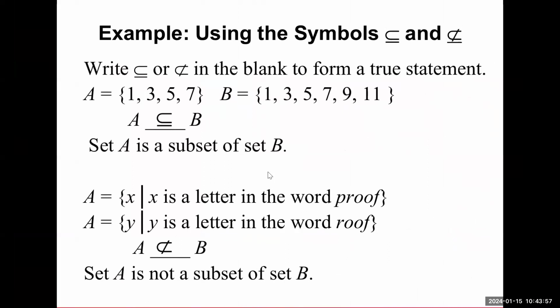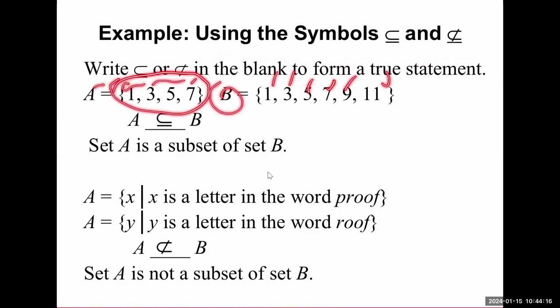So we have an example. Determine whether it is a subset or not a subset and write the true statement. A is 1, 3, 5, 7 and B is 1, 3, 5, 7, 9, 10.